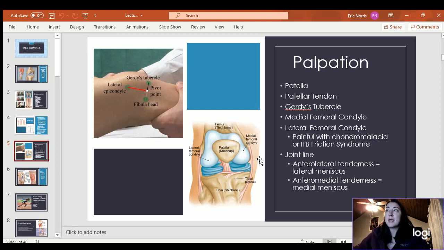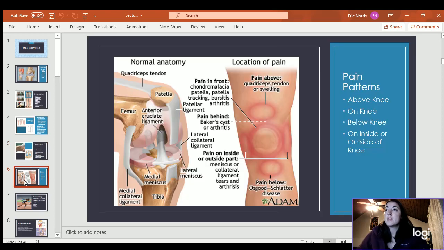So let's look at the pain patterns. Okay, so typically pain above the knee is from either swelling or quadriceps tendinitis or inflammation there. Pain at the knee or at the kneecap itself: chondromalacia, which we'll go over in a few minutes, patellar tracking issues, bursitis, arthritis, all would refer pain to the knee itself, especially around the kneecap.